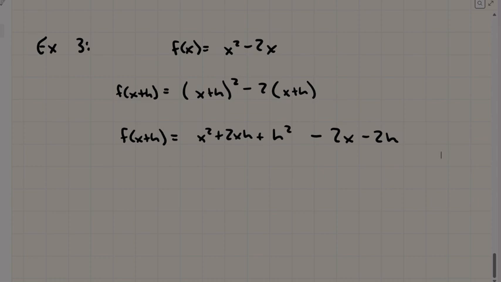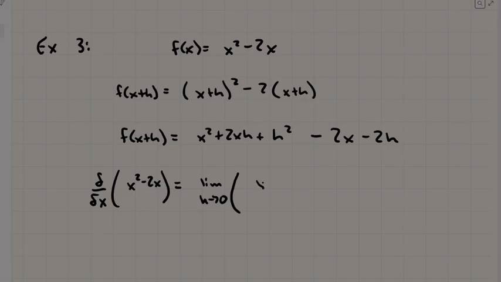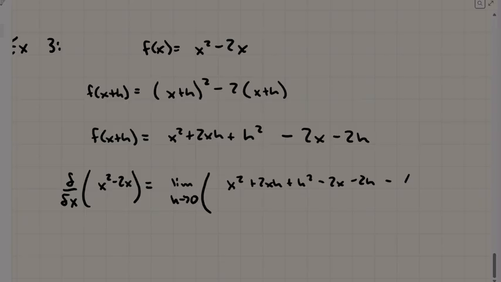So then now the derivative of this is going to equal the limit as h approaches 0 of f of x plus h, x squared plus 2xh plus h squared minus 2x minus 2h minus f of x, x squared minus 2x.